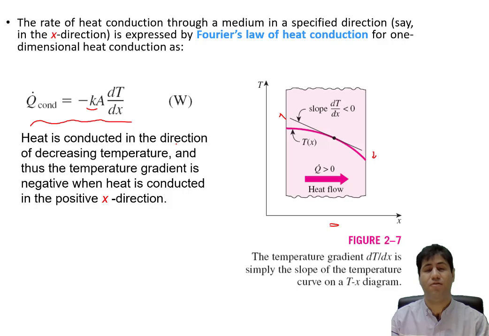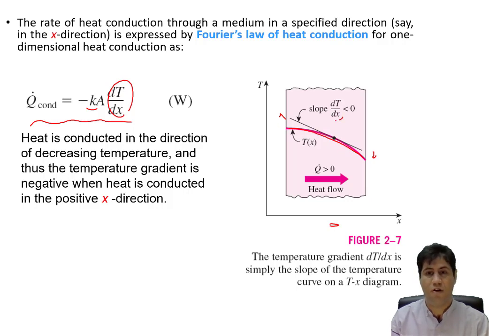A is the surface, the area normal to the direction of the heat transfer. Differential of temperature with respect to x shows the temperature difference, and actually the slope of this graph, which shows the direction of the heat transfer.